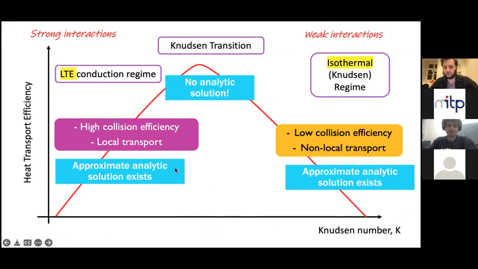Now, although we've got these approximate analytical solutions in these two extreme cases, it turns out that the only way to get a handle on this Knudsen transition, which is of course where the optimal transport occurs, is going to be numerically via a direct simulation. To date, only one such study of this has been done. Again, it was done by Gould and Raffelt, and this really gave people the first handle on this Knudsen transition regime.